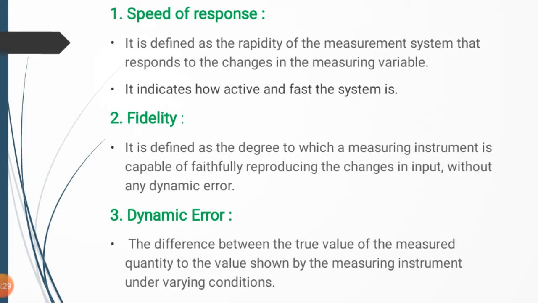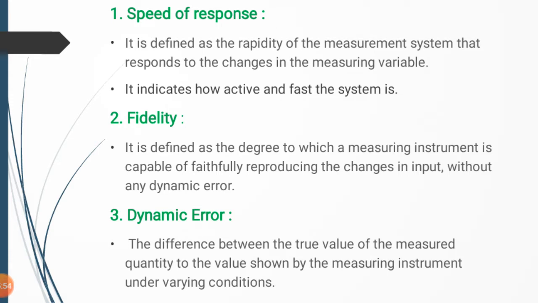Dynamic error means, we know that error is the difference between the true value and the measured value. Same like that, the dynamic error is also a difference between the true value and the measured value, but under varying conditions. Varying conditions means the environmental parameters or some conditions vary, so that we will get the error.